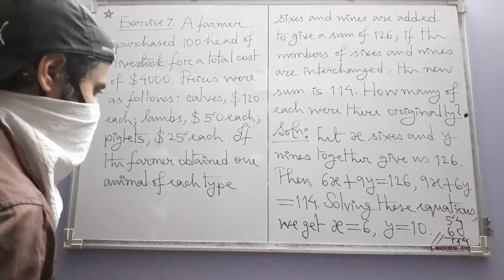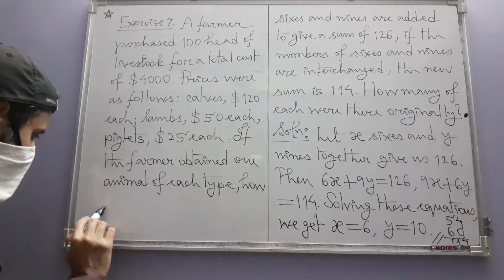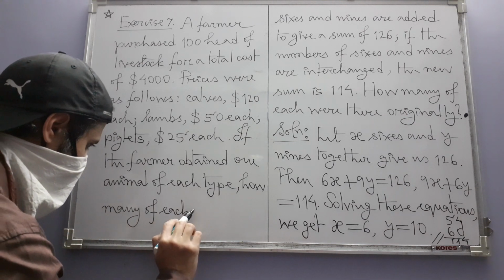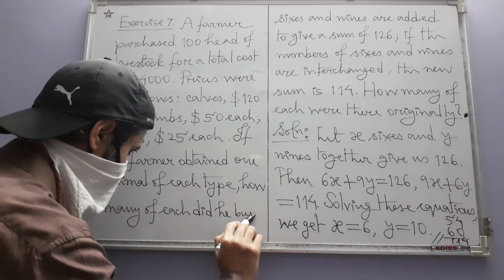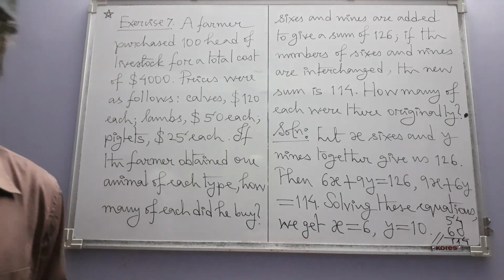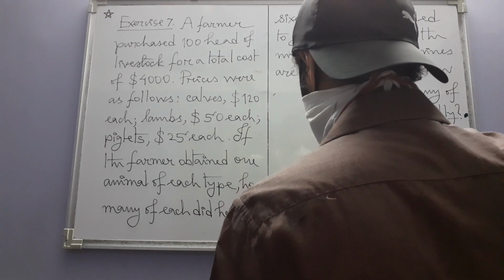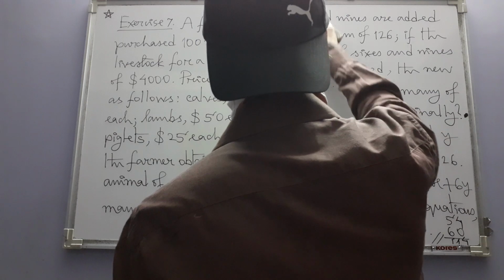How many of each did he buy? So three types of things are involved here. So we have to consider three variables, but we are going to also have two equations.